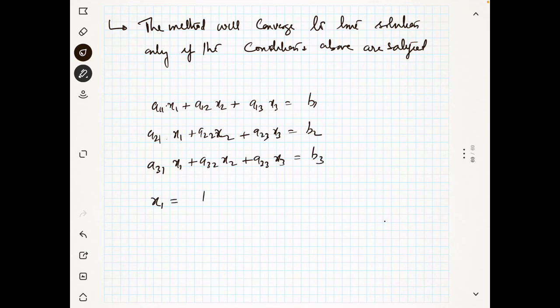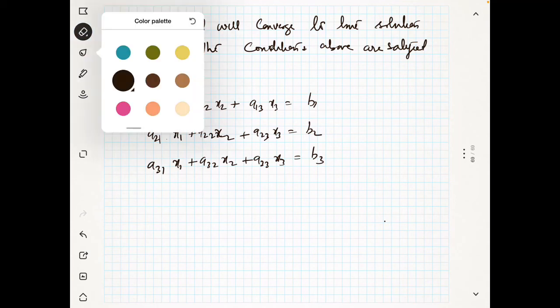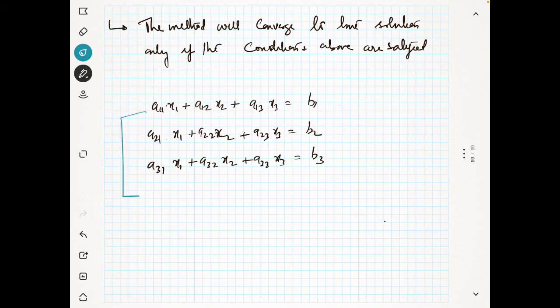I can write by using the first equation a11 into x1 is equal to b1 minus a12 into x2 minus a13 into x3. Now x1 is b1 minus a12 into x2 minus a13 into x3, and you divide it by a11. So this is your x1.